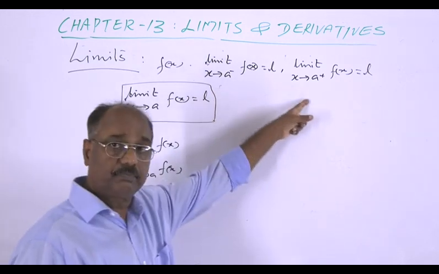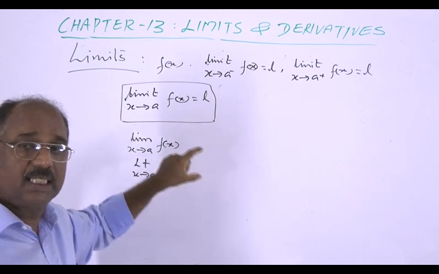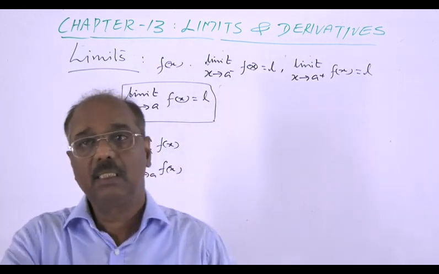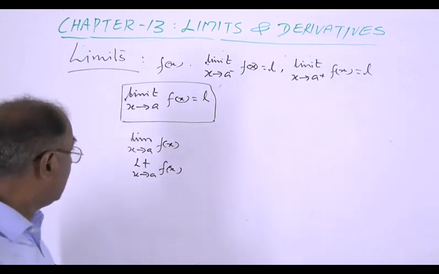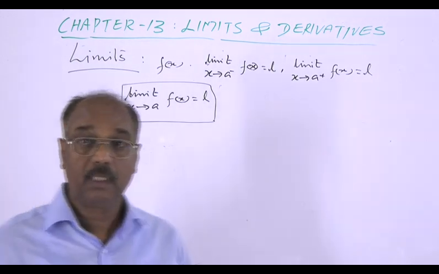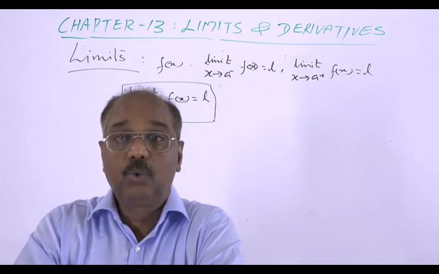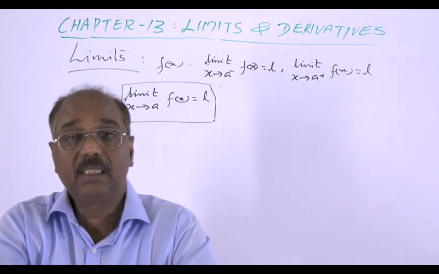Similarly, we can use this shortened form for writing the left-hand limit, right-hand limit, and the common limit, etc. So we have limit x tends to a f(x) is equal to L. That is, the left-hand limit and the right-hand limit coincide, and the common value is this limit.